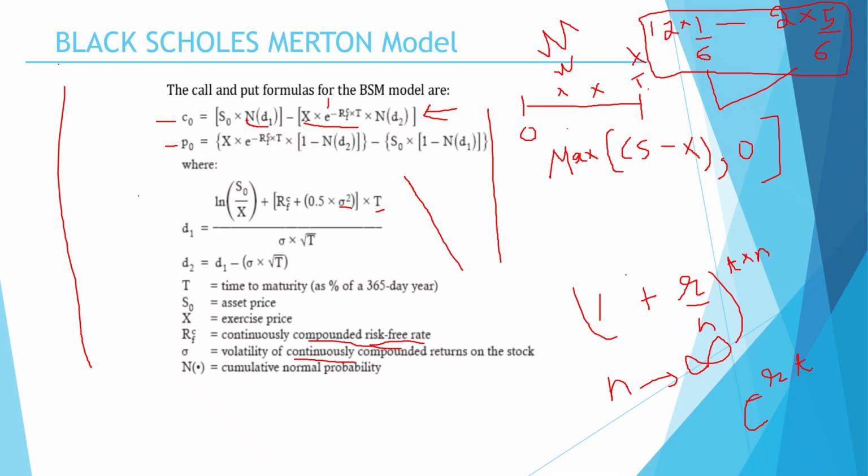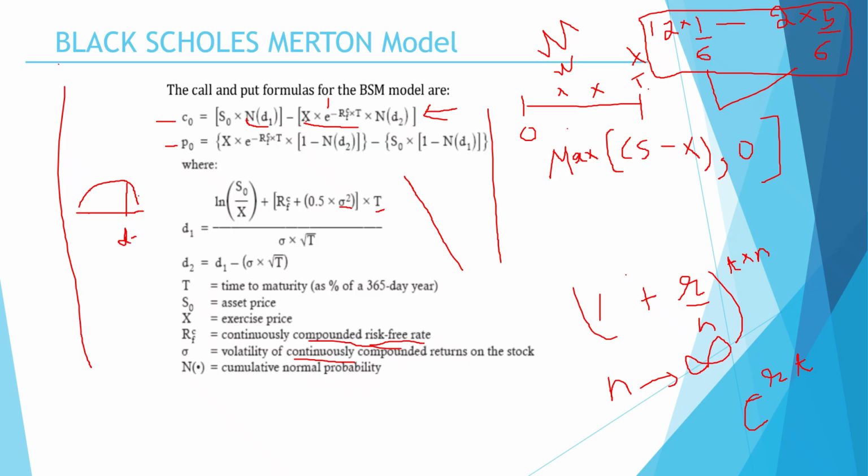Okay. Now, what is ND2? Suppose I have this distribution, and there is a point which is ND2 here.